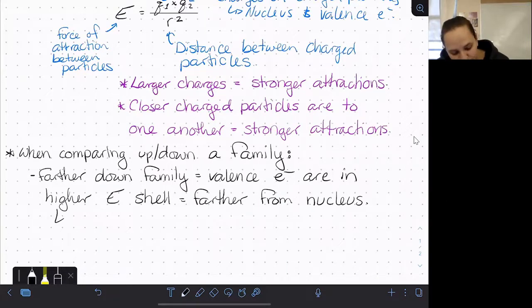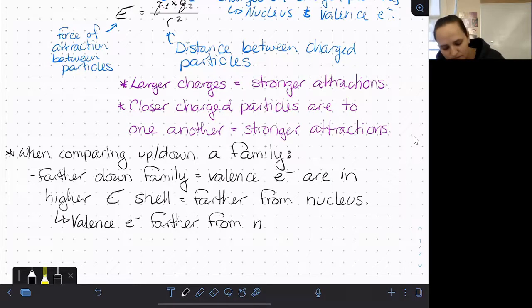So when your valence electrons are farther away, essentially the nucleus and the valence electrons can't feel each other as much, so they're not as strongly attracted.